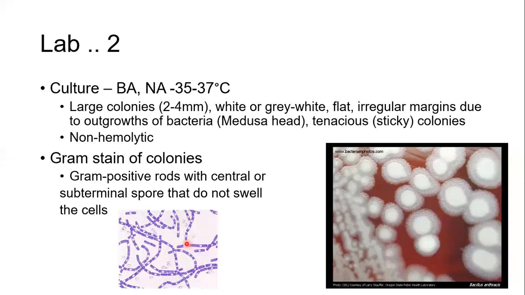It's either central in the middle or away from the middle, but not at the end. And these spores do not extend the cell wall, so they are within the cell wall. I think you'll go through another microorganism that has a spore that swells out the cell wall, but these do not.